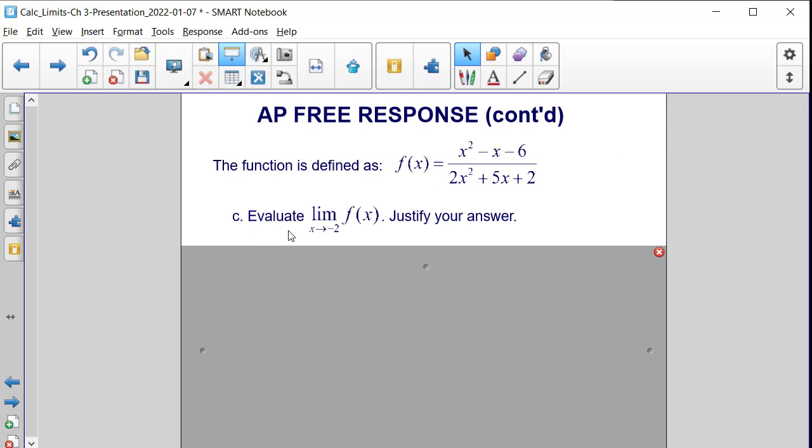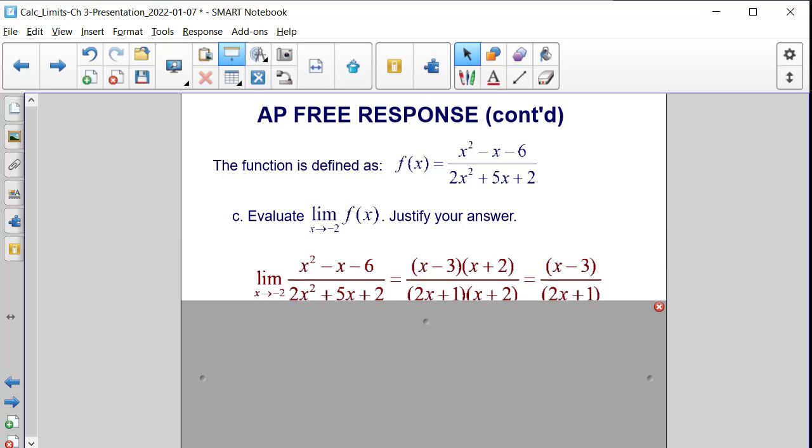Part C asked us to evaluate the limit of f of x as x approaches -2 and to justify our answer. Well, let's first start by taking the limit of x squared minus x minus 6 all divided by 2x squared plus 5x plus 2 as x approaches -2. We factored both the numerator and denominator before to figure out our discontinuities.